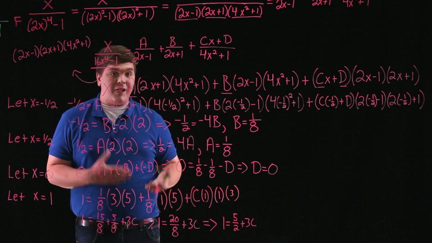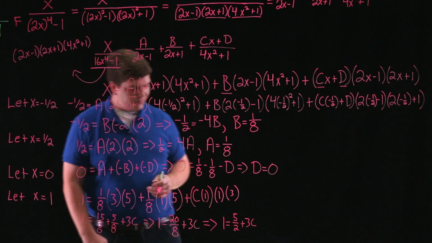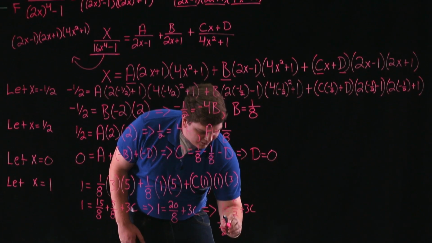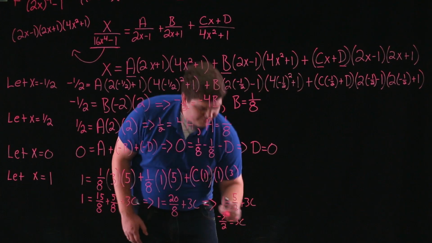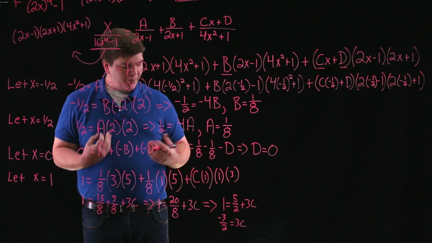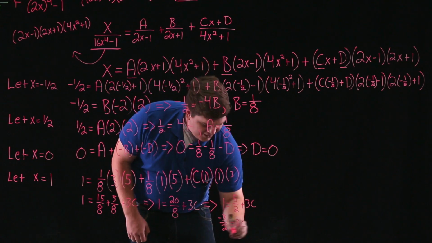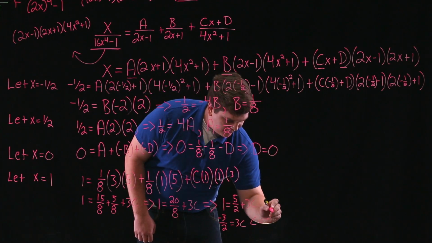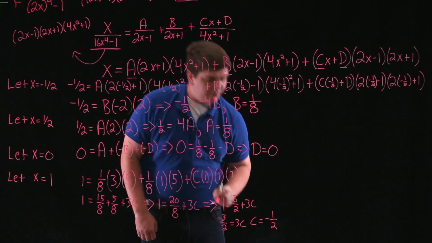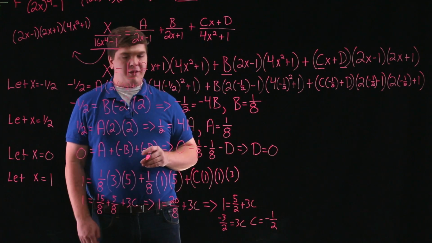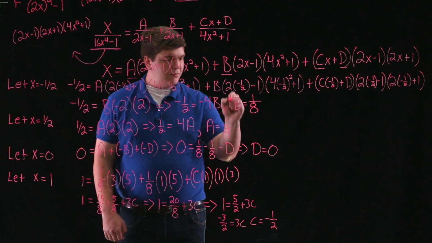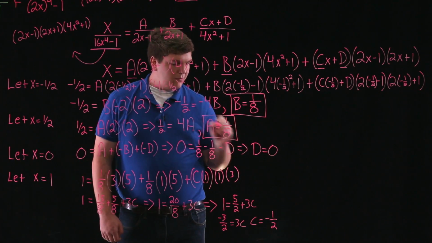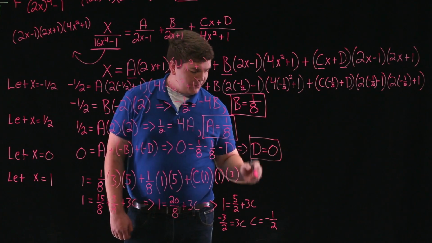So we can subtract 5/2 from both sides of our equation, which leaves us with negative 3/2 is equal to 3c. And dividing each side by 3, we find that c is equal to negative 1/2. So here we have our values for b, a, d, and c.